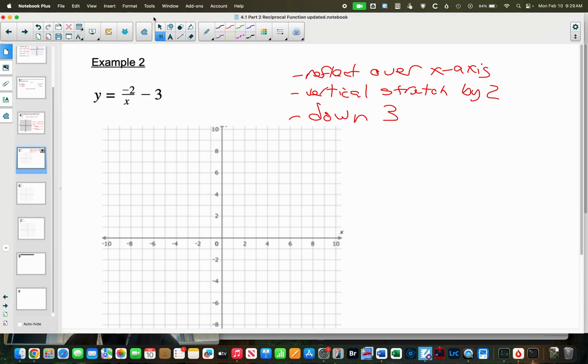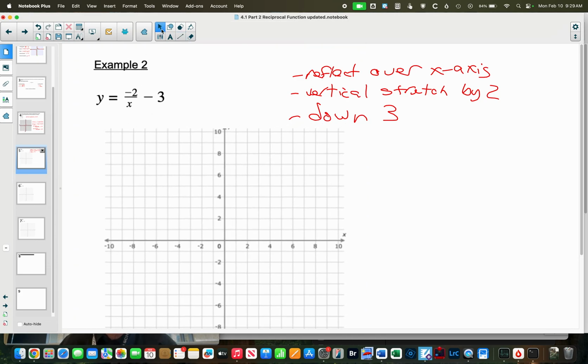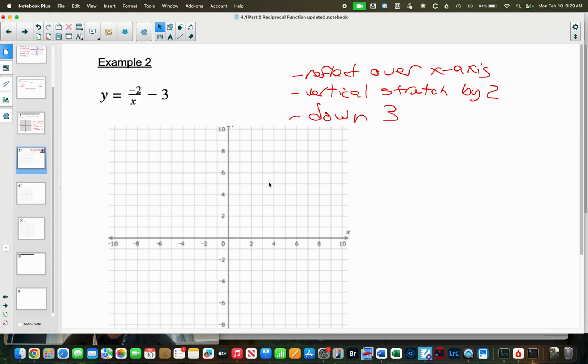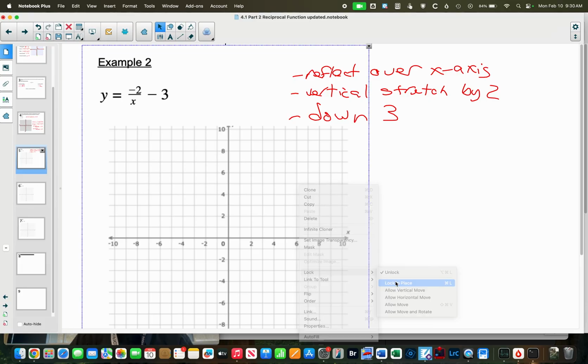Let's start with the down 3. Normally, the horizontal asymptote's at 0, so now we're going to move it down 3. Let's lock this in place.